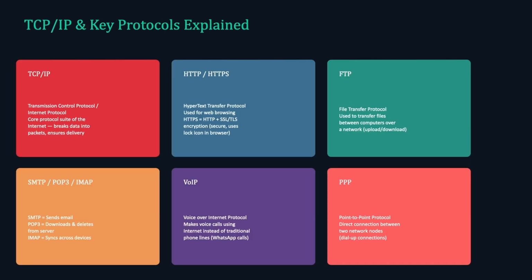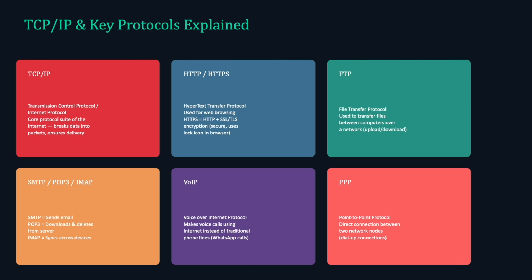Let's understand each protocol deeply. TCP/IP breaks data into packets and ensures reliable delivery across the internet. It is the foundational protocol suite. HTTP is for web browsing. HTTPS adds SSL or TLS encryption for security.